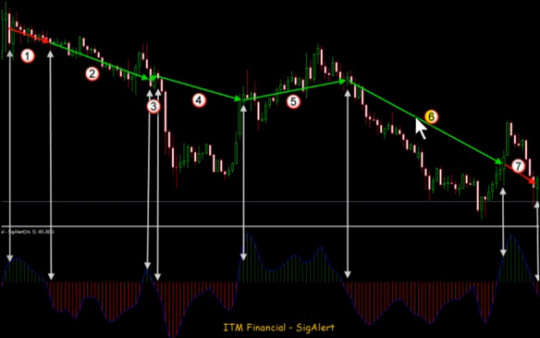So as we see here, we entered here, and this is where the second bar appeared, and we exit again. So the ideal moment would have been here, but if we knew this, it would be wonderful.